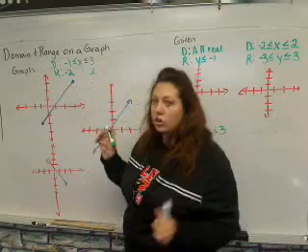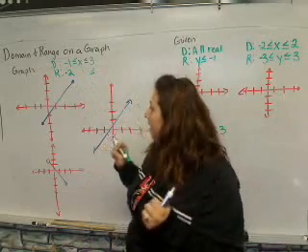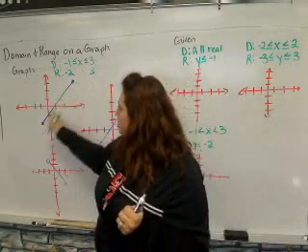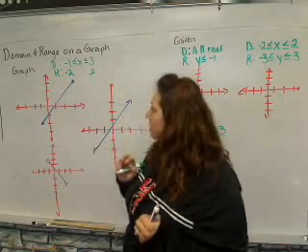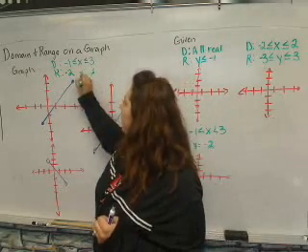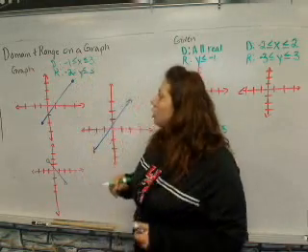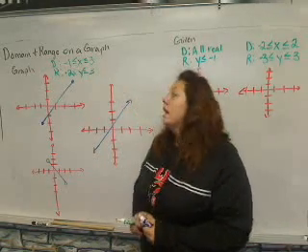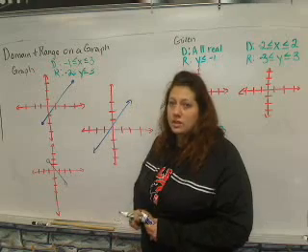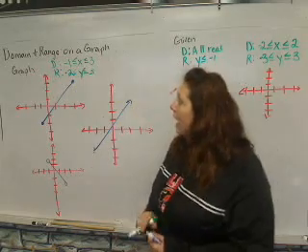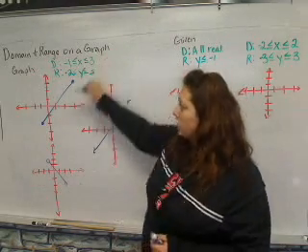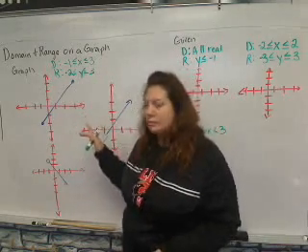Okay, again, these circles are filled in. Okay, so that means they're equal to -2 and +3. And all your y values are in between that. So your y values are greater than or equal to -2 and less than or equal to +3. Okay? So that is how to find your domain and range on a graph that looks like this.